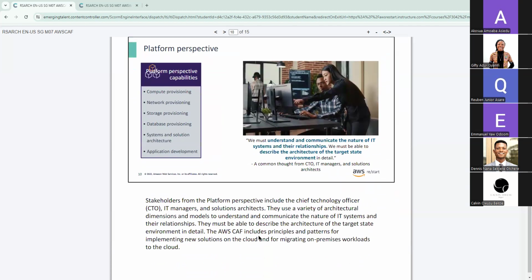Now, platform, that would be about the solutions architects, IT manager, the chief technology officer. So the way you are running things now, when you move them to the cloud, how are you then going to run it? So traditionally, you run a server. Inside of the cloud, which service would you use for that?